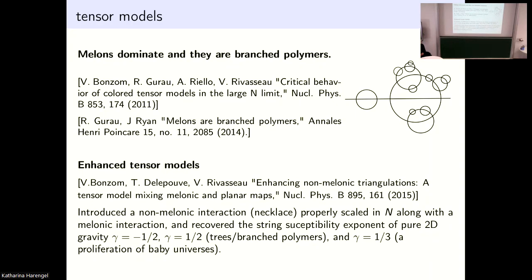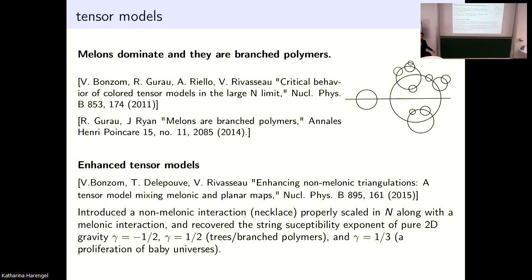In the context of quantum gravity, we want something that's not really a branched polymer. Branched polymers are like trees, and on large scales we want something more connected and large enough for a universe. So from the quantum gravity point of view, we don't really want branched polymers.